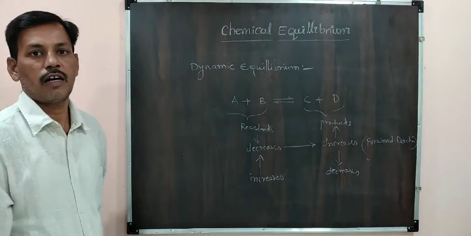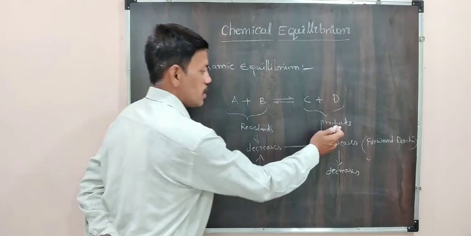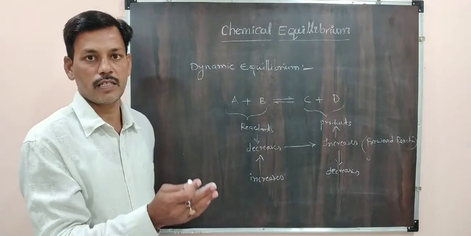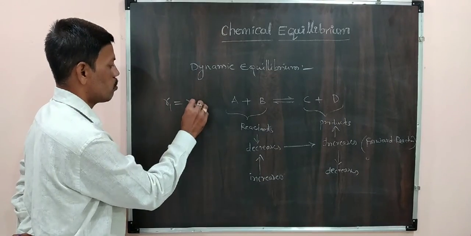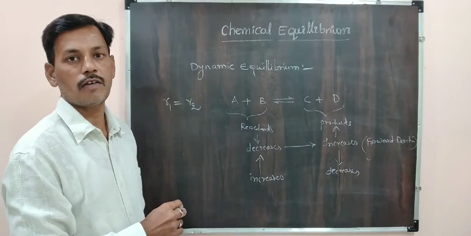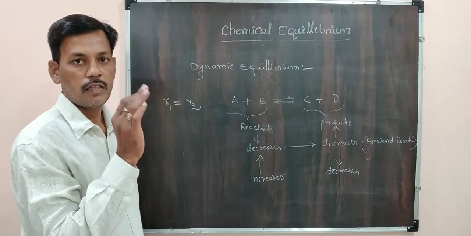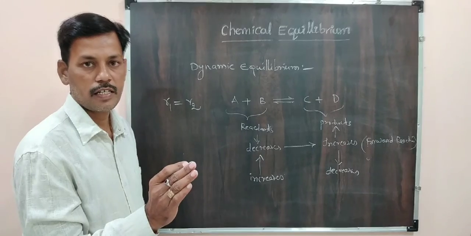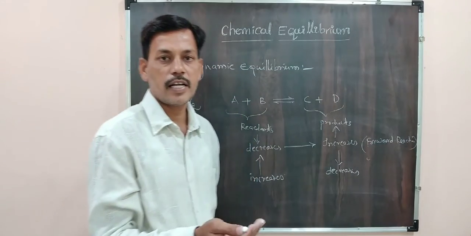Now at a certain state, both concentrations are at the same level. So here R1 is equal to R2. What is the meaning of R1 and R2? The rate of the forward reaction is equal to the rate of the backward reaction.